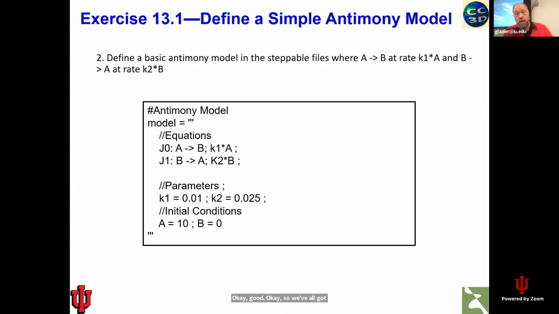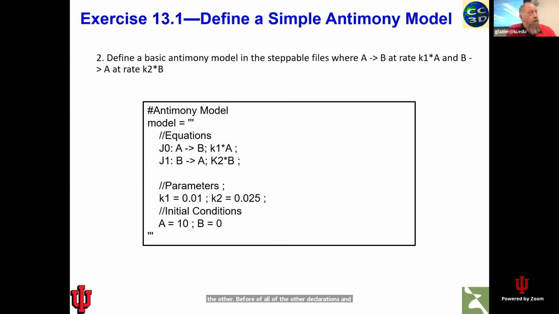So the next thing we're going to do is write a very, very simple antimony model. This isn't going to do anything very interesting, but we need to have some models just for practice. And so you can put this at the top of your steppables file, after the initial loads, but before all of the other declarations and classes.